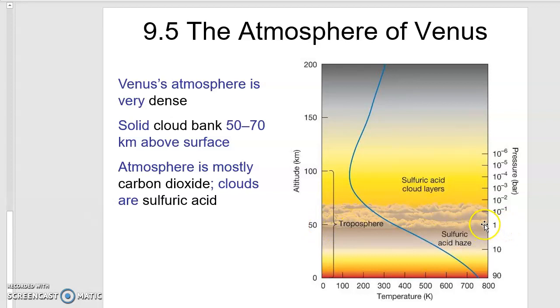By the time it gets down to the surface of Venus, it's 90 bars. That's almost 90 times the pressure of the air on Earth at its surface. That's an incredible difference. So that's another reason that devices don't last very long there, because it's like being at the bottom of the ocean. You've got to have a space submarine to get there and survive anything.